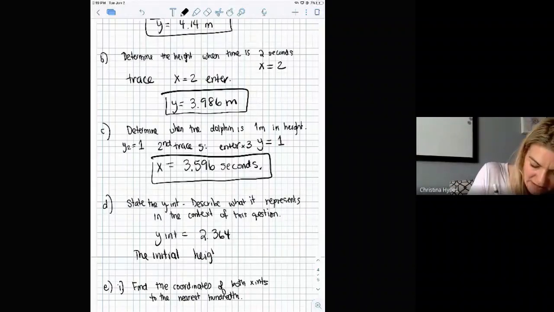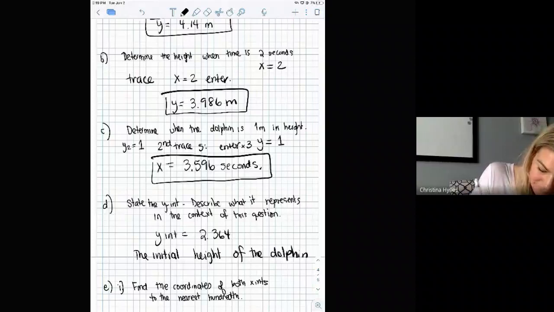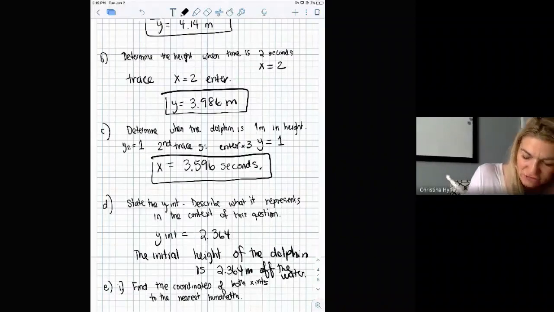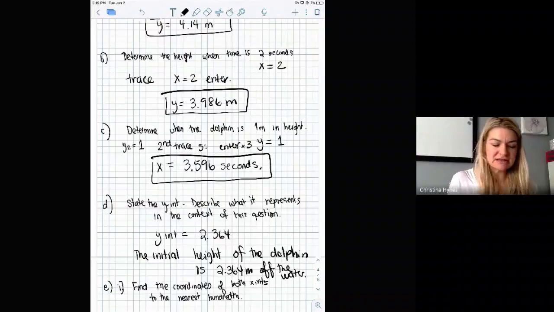The initial height of the dolphin is 2.364 meters off the water. And that's really what you just need to include for yours, whatever your situation is. You're just writing that that is the initial height of the dolphin at time equals 0, okay?